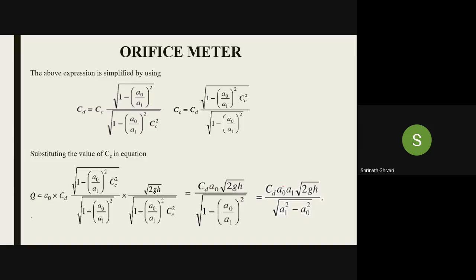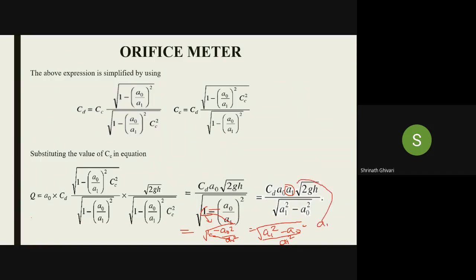If I take this out, what will happen now? See this one: 1 minus A naught square divided by A1 square. Do you agree? This will be square root. So A1 square minus A naught square, this will be square root divided by A1 square. When I take out this square and square root, it will be A1.